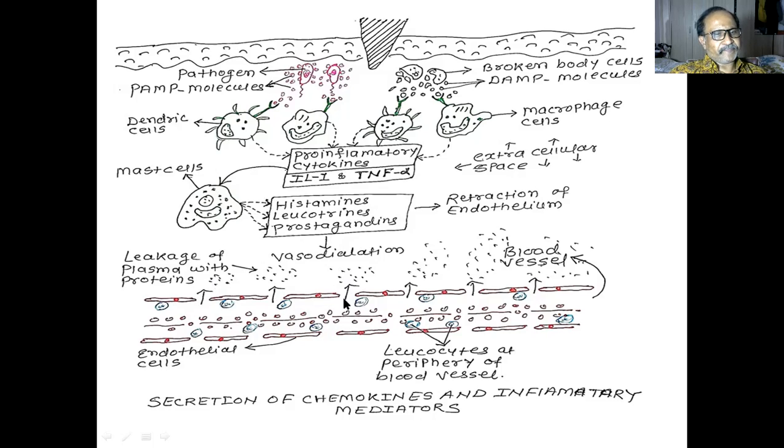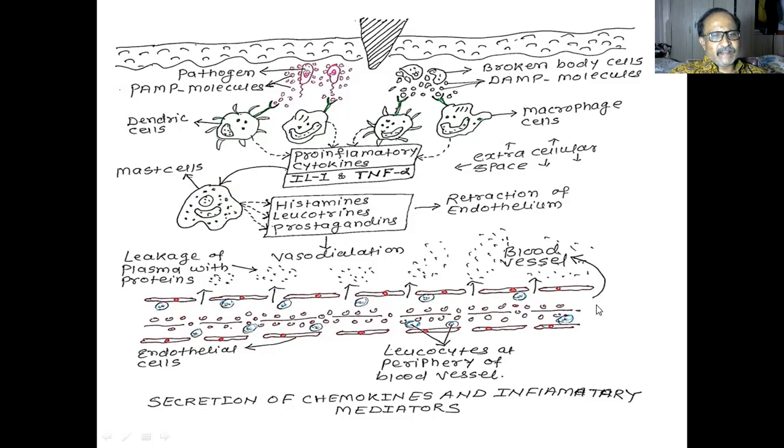See what happens. First, when a pathogen enters the body, the dendritic cell and macrophage cell secrete pro-inflammatory cytokines. Then pro-inflammatory cytokines stimulate mast cells, which secrete histamine, leukotriene, and prostaglandins. These inflammatory mediators cause the vasodilation.